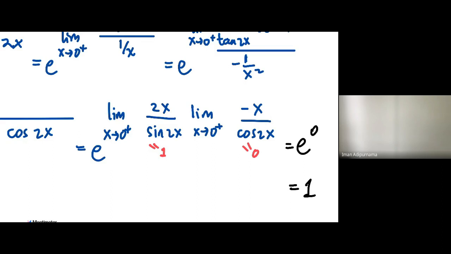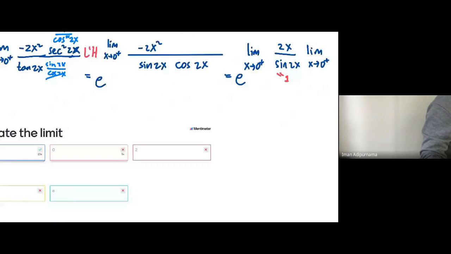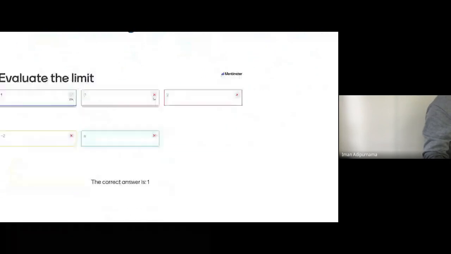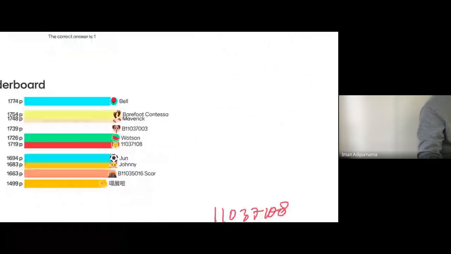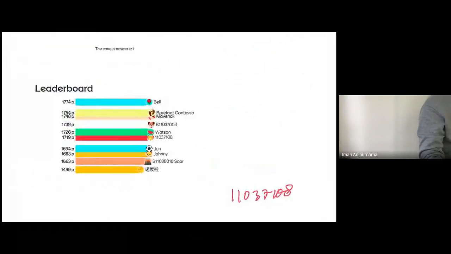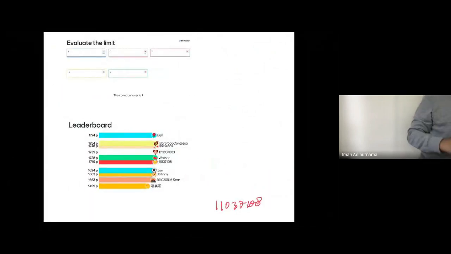You can make some simple conclusions, but that's most of the cases, not all cases. So e with power of 0 equals 1. So that is the answer, 1. I think you also did a good job here.